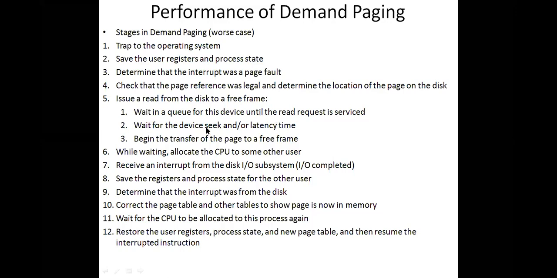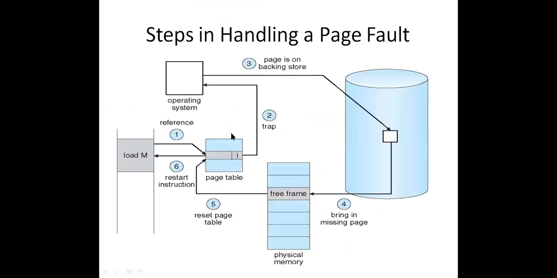Wait for the device seek and latency time. Device seek and latency means this is a big disk, right? In those disks where the required page is available, in order to move to that particular location, it takes some time. That is called seek time. Seek time means the time it takes to reach the required position in a disk. So the disk is divided into sectors, tracks.